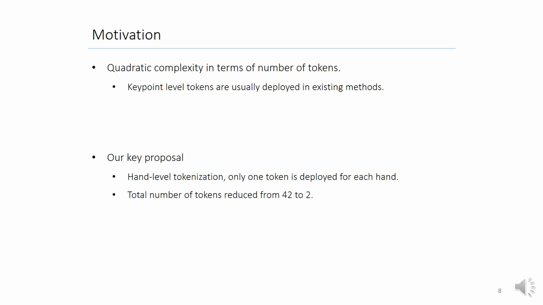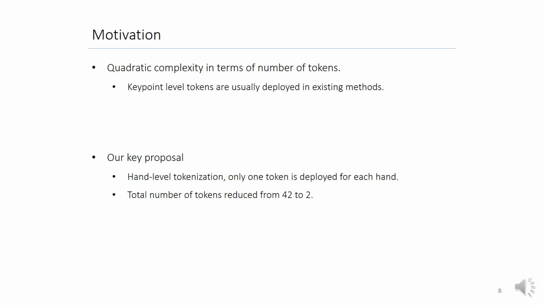As we can see, previous methods usually treat each key point individually, which makes no difference from the single hand pose estimation problem. Key point level tokens are also deployed in existing transformer-based methods. Yet, one should note that all existing approaches lead to quadratic computational complexity in terms of the number of tokens.